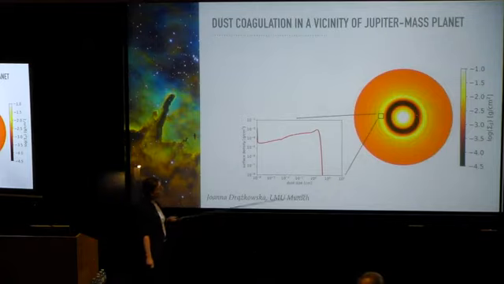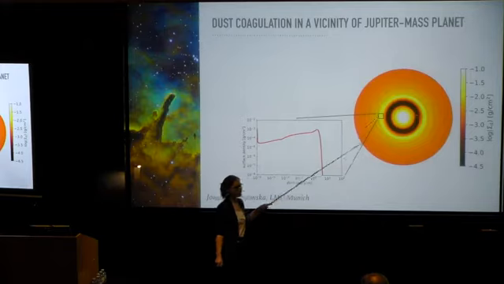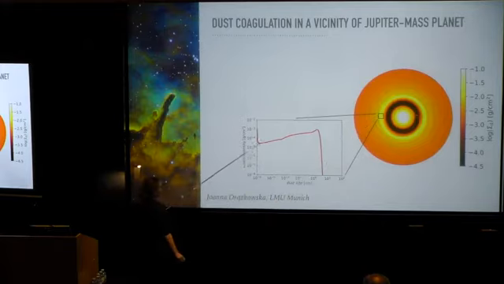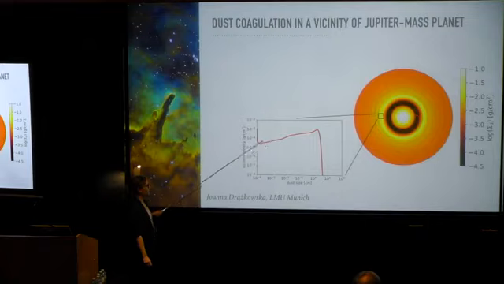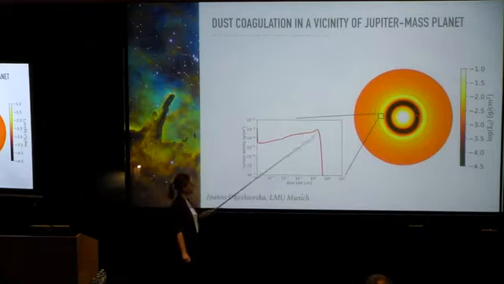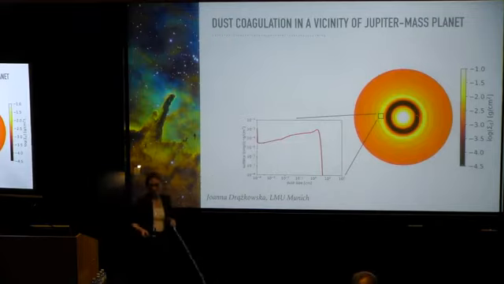Now when we look inside this pressure trap region, we recover what we expect, which is coagulation-fragmentation equilibrium. Basically, the dust can grow, but there is a critical size above which the velocities are too fast, so it fragments and returns small grains that regrow, and we can almost prescribe this as a power law.